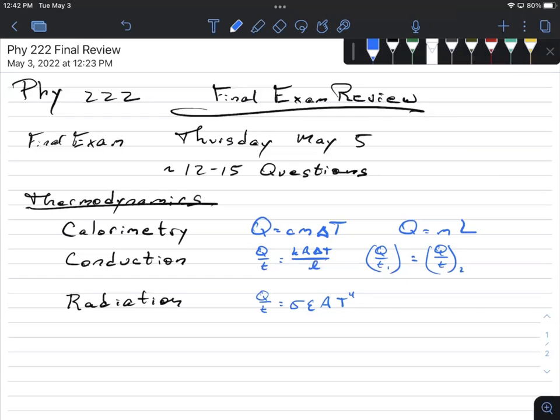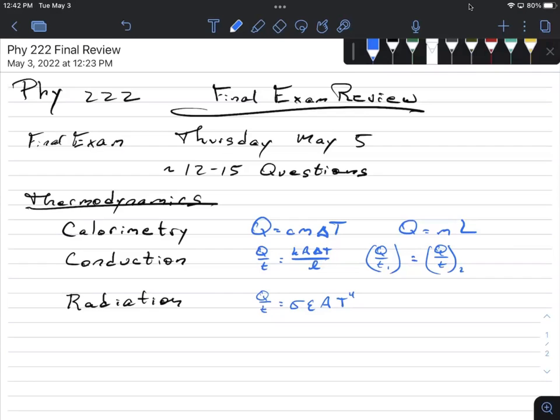Now this is the first time in thermodynamics that we cannot use Celsius. Remember, in all of physics, we're supposed to be using Kelvin for our temperature unit. However, if you have delta T, we found out that there was a trick.